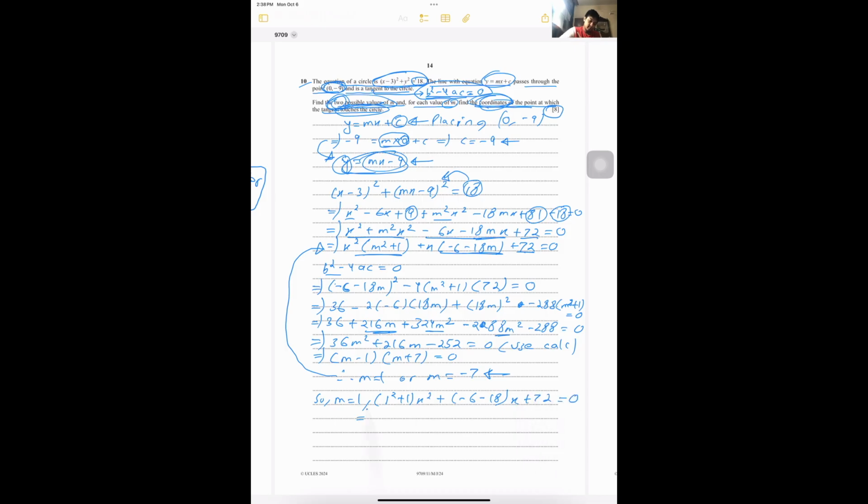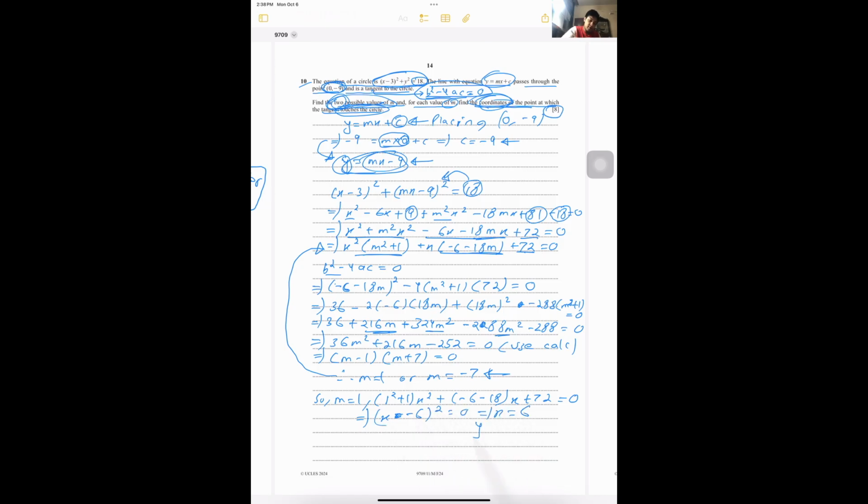From this we need to find out what is x. Place the equation in the calculator again. 2, minus 24 and 72. So I'm just getting x minus 6 whole squared equal to 0, or x equal to 6.